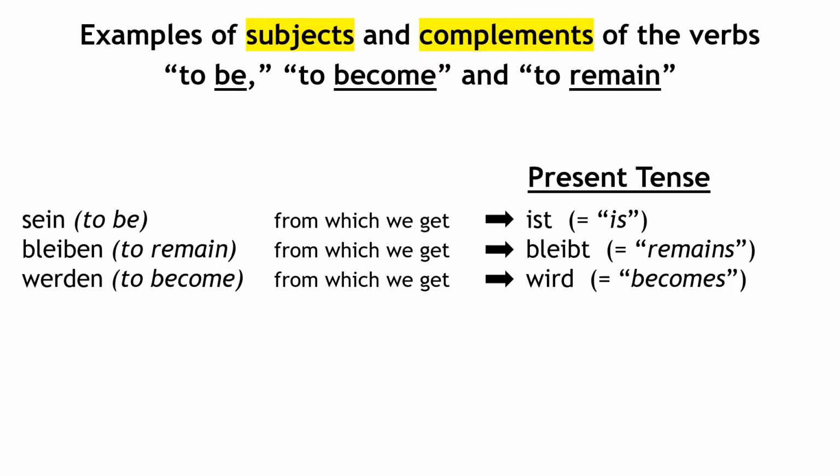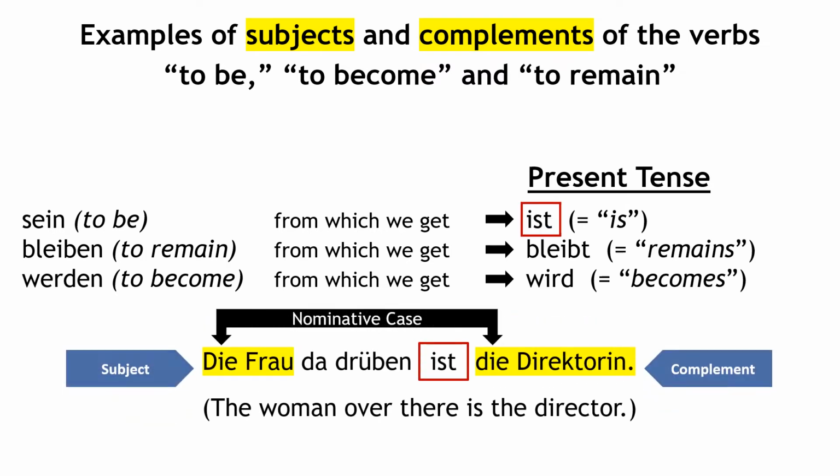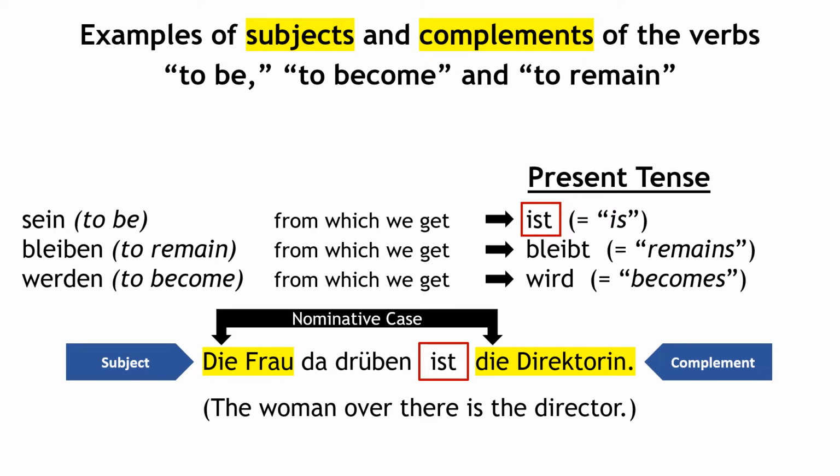Freund, Feind, wird. Die Frau da drüben ist die Direktorin. Die Frau is the subject of ist, and die Direktorin is the complement of ist. The subject, die Frau, tells us who the sentence is about, and the complement, die Direktorin, gives us additional information about the same person.